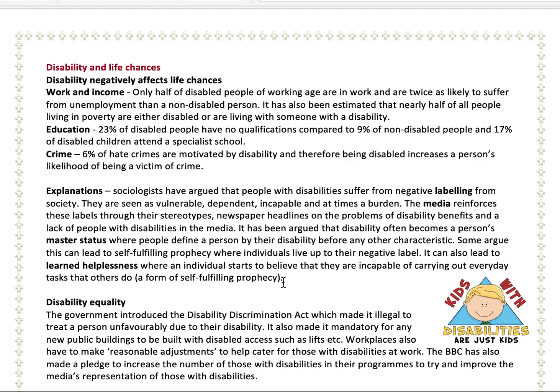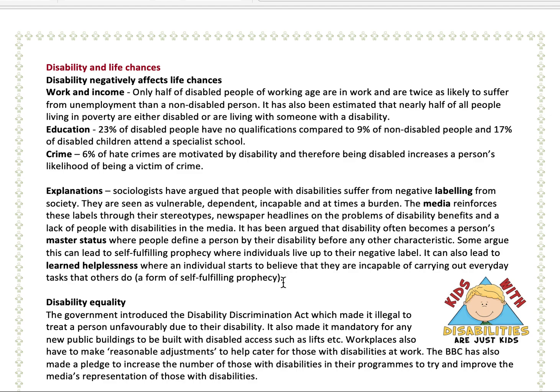Different reasons, so negative stereotypes, labelling, the media reinforcing those labels. It can become a master status, so people define someone by their disability rather than kind of seeing all of their other qualities aside from that, or making assumptions about their capabilities just because they have a certain disability that might have no effect on those abilities. This idea of learned helplessness, so an individual starts to believe that they are not capable of certain things because of how they've been treated, even when they are fully competent.